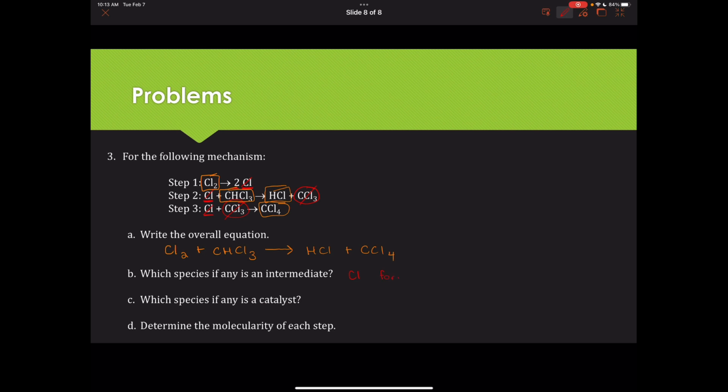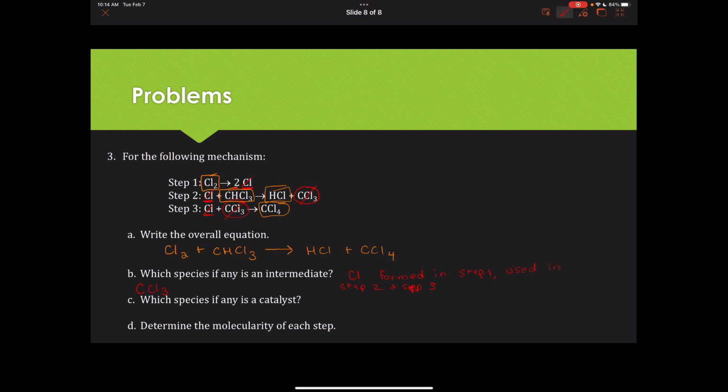It was formed as a product in step 1, but we turned around and used it in step 2 and step 3. So that chlorine is an intermediate. We have another intermediate, the CCl3. The CCl3 was formed in step 2, and then we used it in step 3.